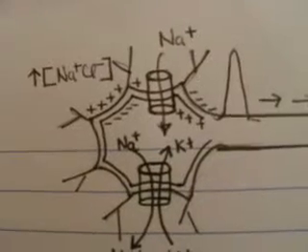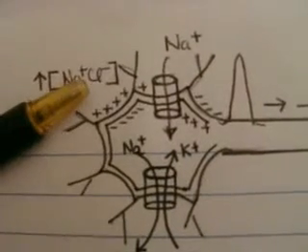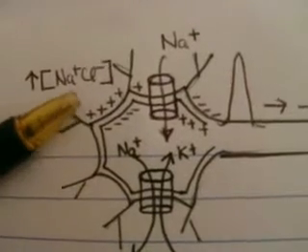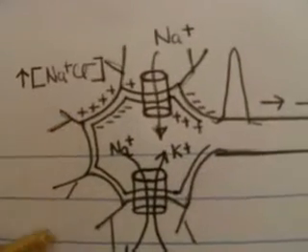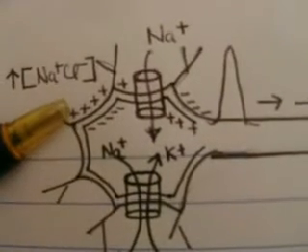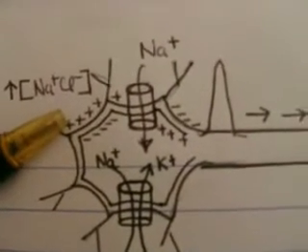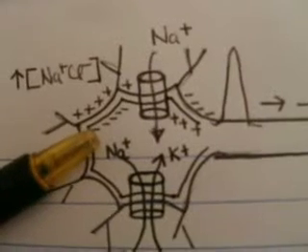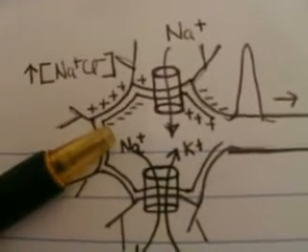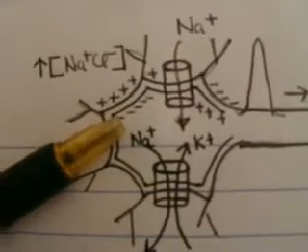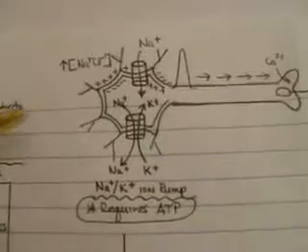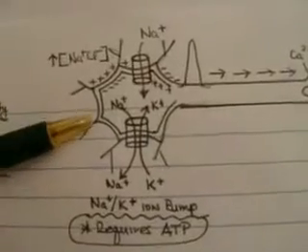Because of that, there's a higher positive charge outside, which you can see as the relatively positive charge at the outer cell membrane. Inside, there's a relatively negative charge in the inner aspect of the cell, right next to the cell membrane.